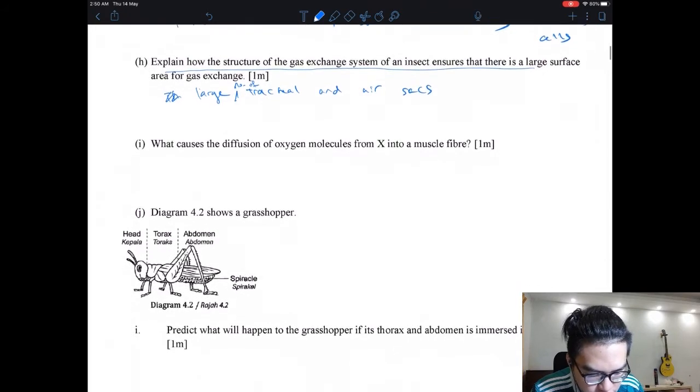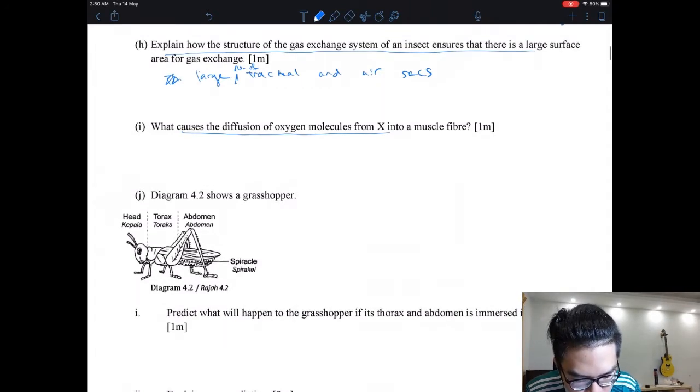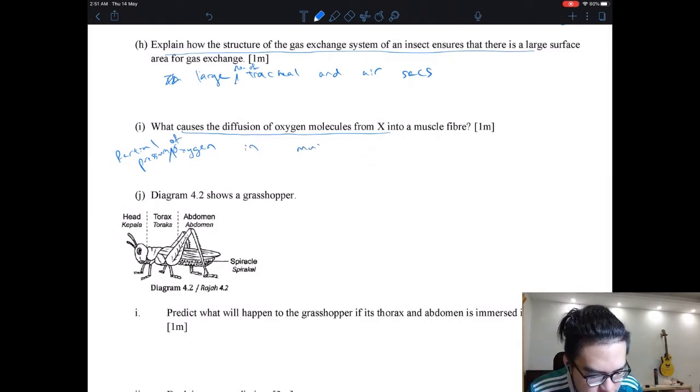What causes the diffusion of oxygen from X into the muscle fiber? Very good question. You can say partial pressure of oxygen. Please don't say concentration. Partial pressure of oxygen in the muscle is lower than X. Then you can say down the concentration gradient.